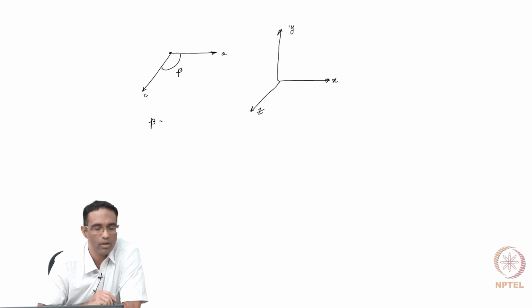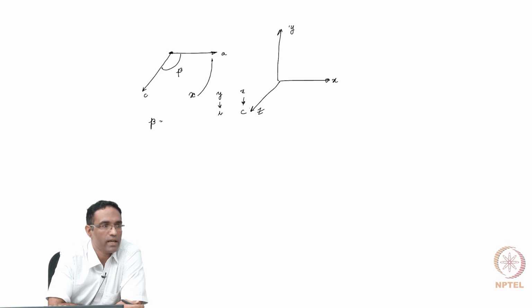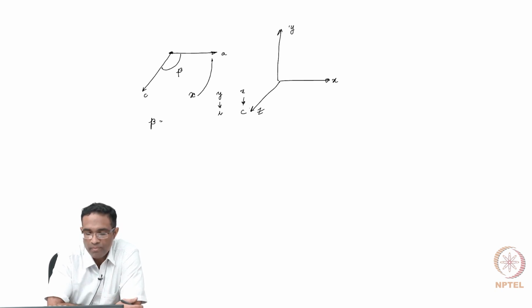c, okay. Now, how do you give the lattice vectors for this particular system? You should understand that the x fractional coordinate is associated with a, the y fractional coordinate is associated with b, right, and the z fractional coordinate is associated with the c direction.